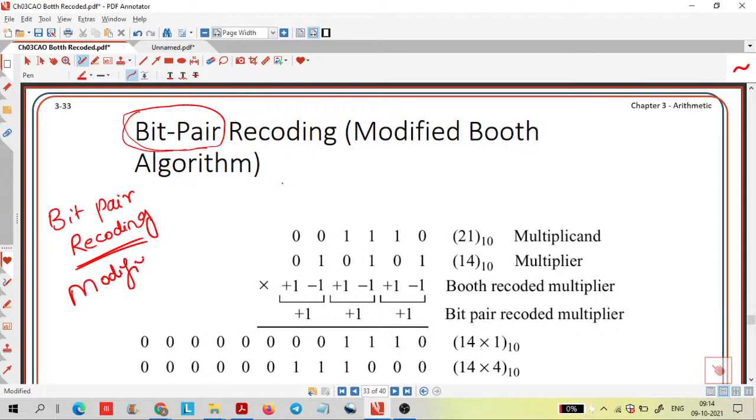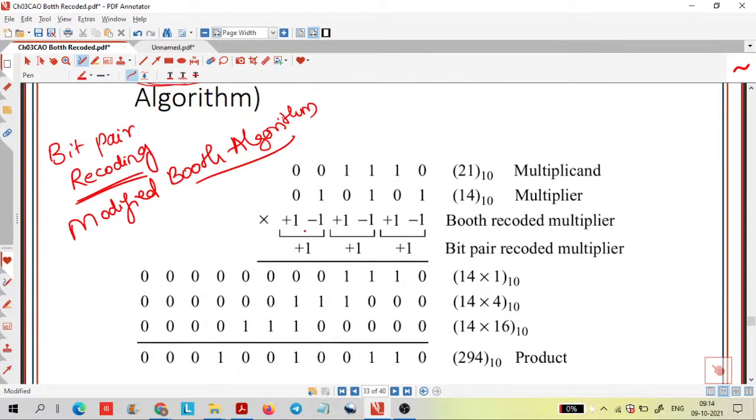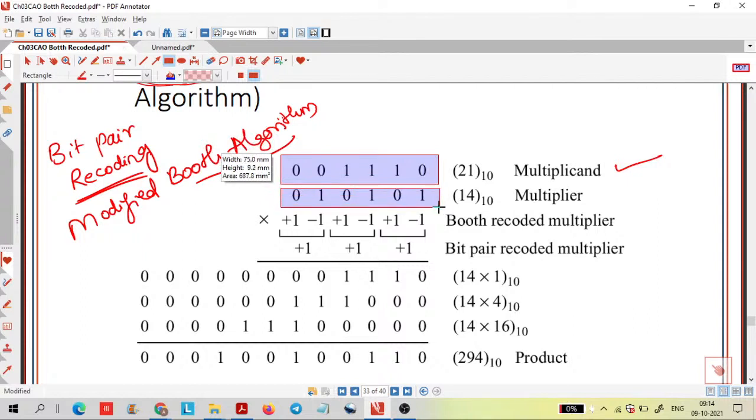We call it modified Booth algorithm. So here we again have the multiplicand value and the multiplier value.